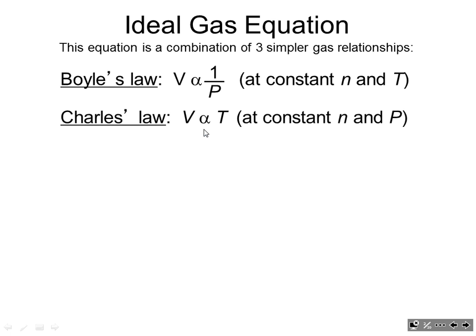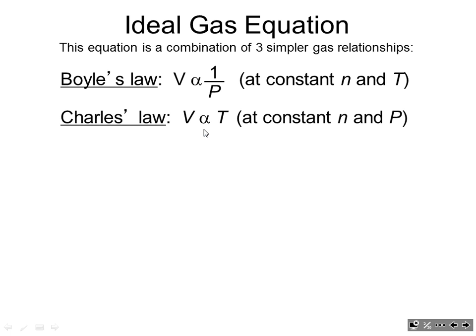All right. Now, what Charles' law states is that if our amount of moles is constant and our pressure is constant, then the volume is directly proportional to the temperature. So what would happen if I would increase the volume? The temperature would increase. What if the temperature decreased?